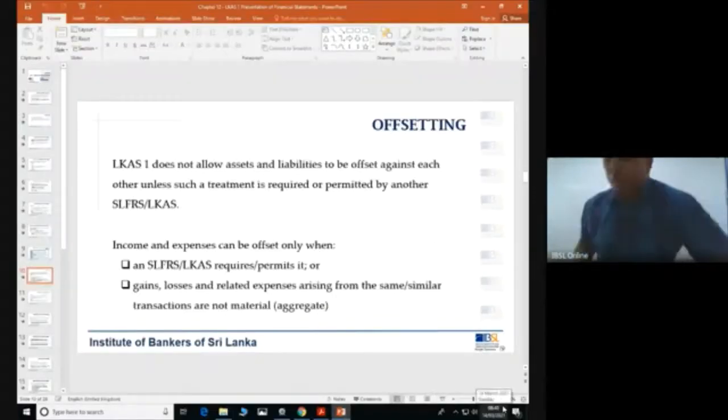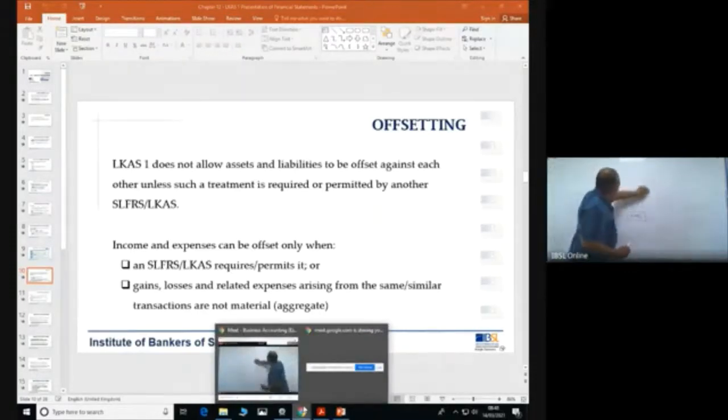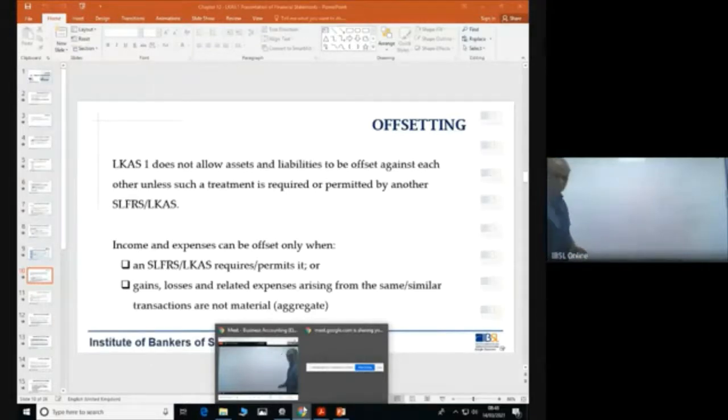Let me put it on the board so that you will understand. Now, fixed assets, let's say you have asset A and asset B. So you dispose this, and you have a profit of 50,000.